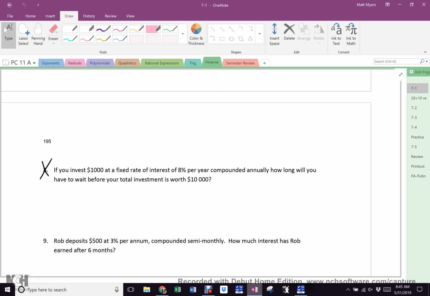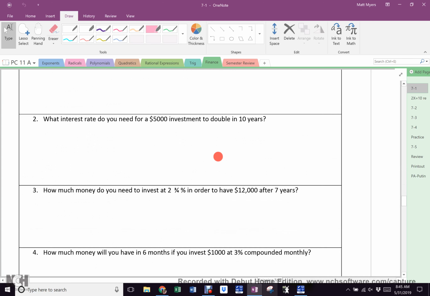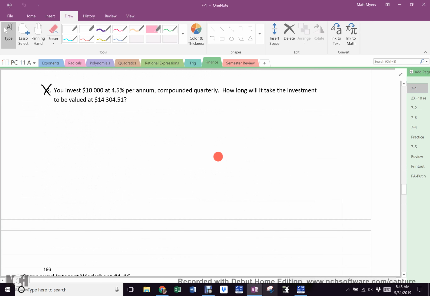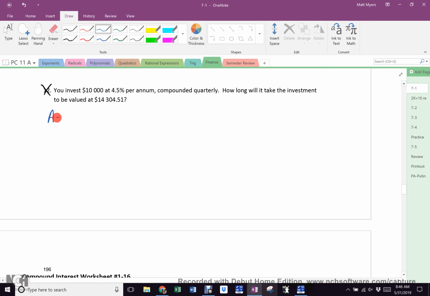Everybody cool? All right, let's do that. So we are on page 195, number 12. So we know our formula, yeah? Right? What is our formula? A equals P(1 plus r over n) to the nt. What can I fill in there?